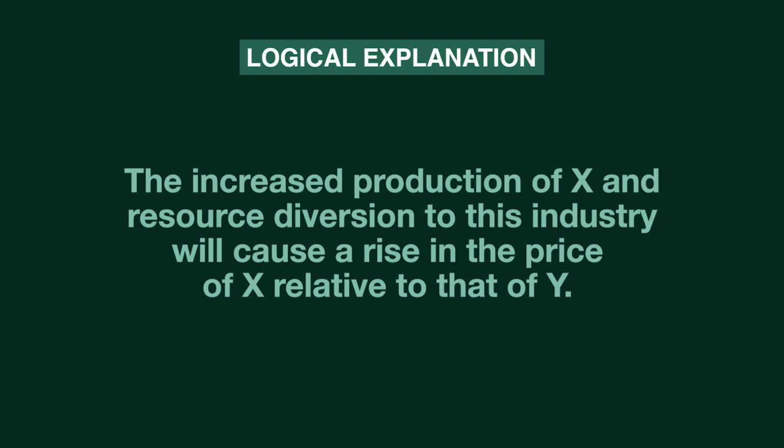The factors of production will be made to shift from the production of good Y to production of good X. Remember, good X is a relatively labor intensive good, so it demands more labor. To produce good X, more of good Y is sacrificed.